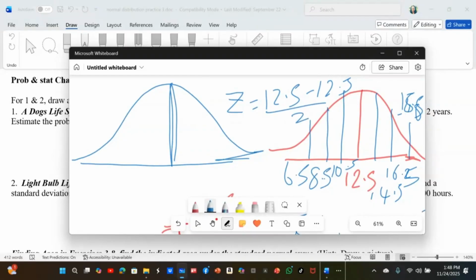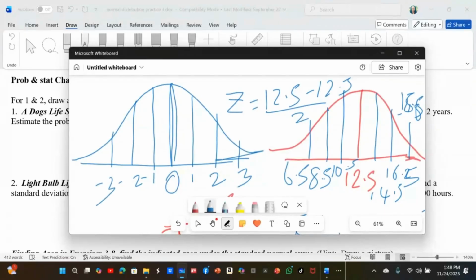The numerator 12.5 minus 12.5, divided by 2, is 0. So the mean is always 0 in a standard normal curve. If I standardize 14.5, I will have 1, and then 16.5 will be 2, 18.5 will be 3. If I standardize 10.5, I have negative 1, then negative 2, negative 3.